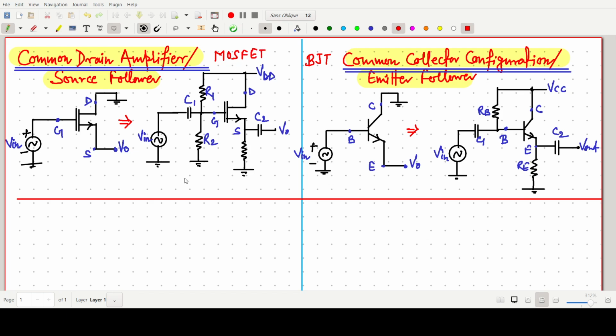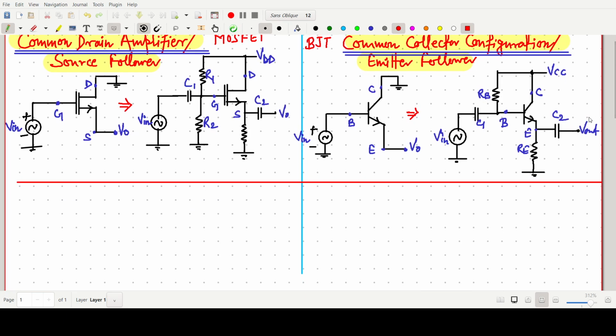The property of this circuit is that here the source follower means the source follows the input, or we can simply say the output follows the input with same phase. In this case also the output follows the input.